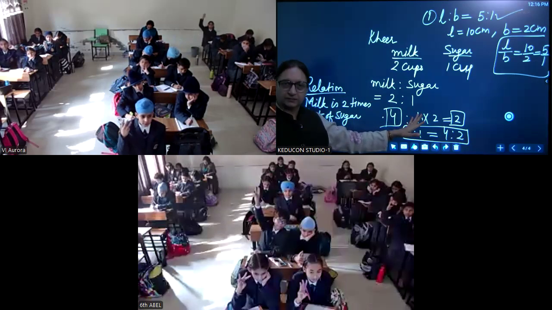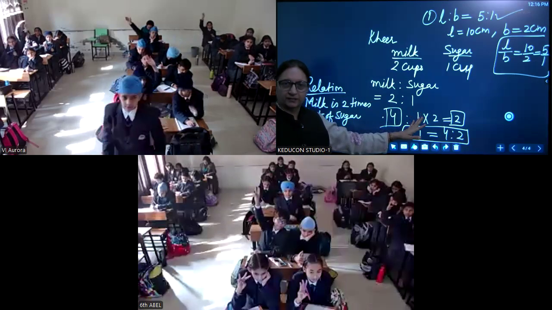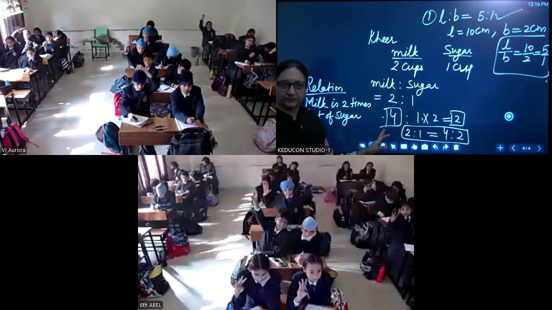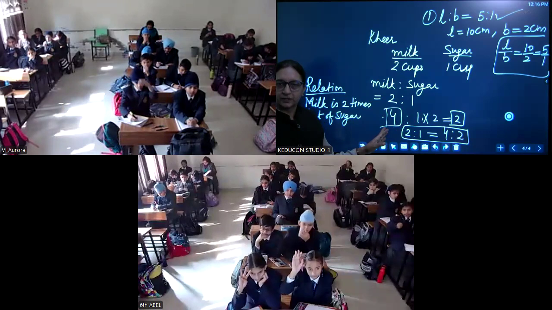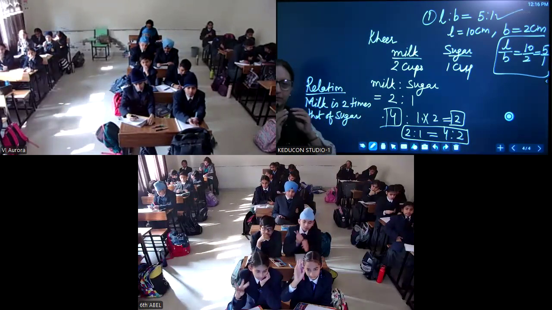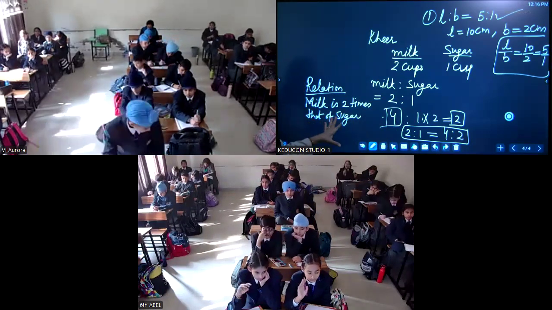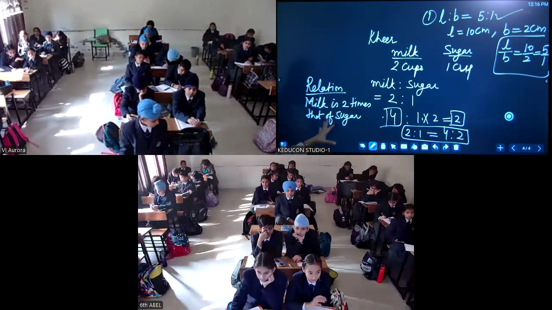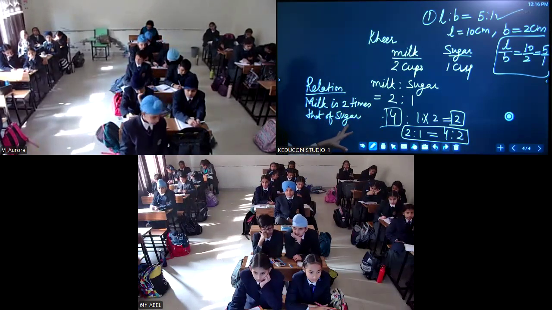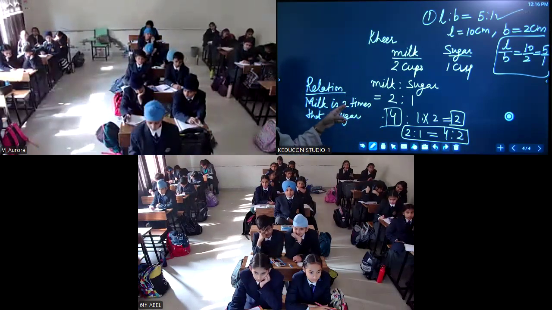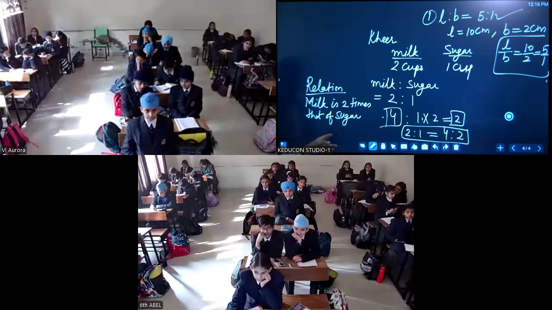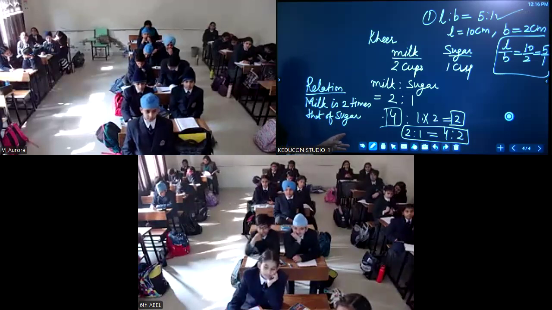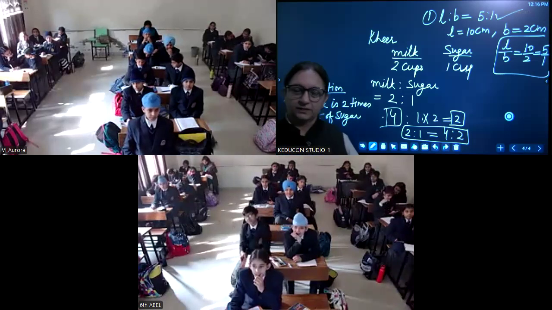Three. Yeah, you have come to know the relation between them. Milk will be 2 times sugar. If she is adding 6 cups of milk, she will be adding 3 cups of sugar. That's why the thing becomes tasty.